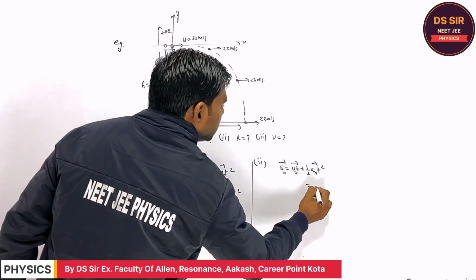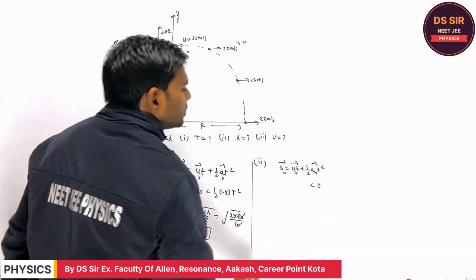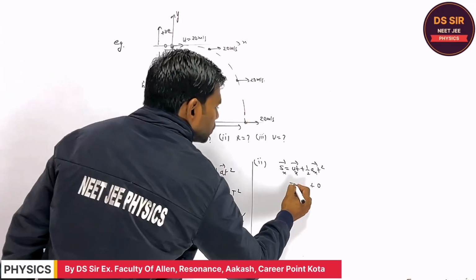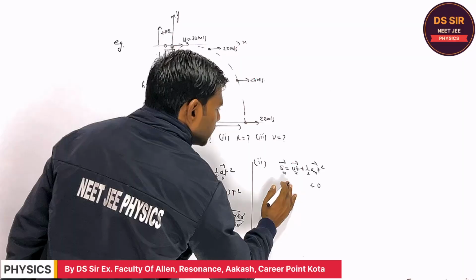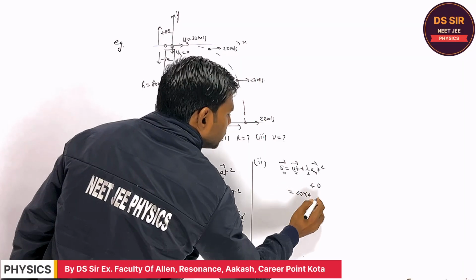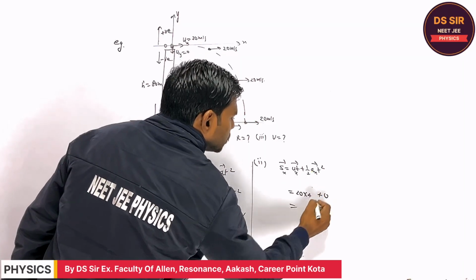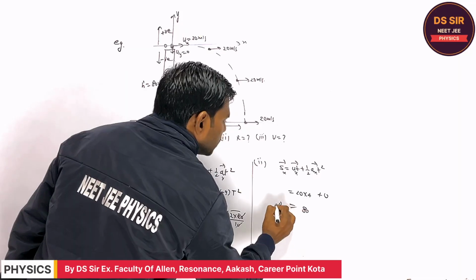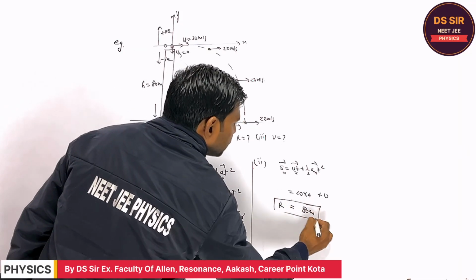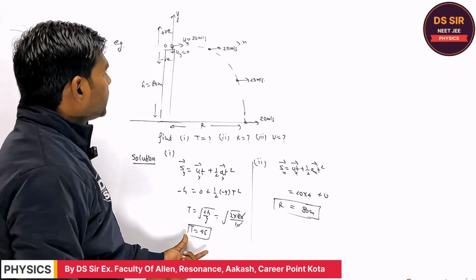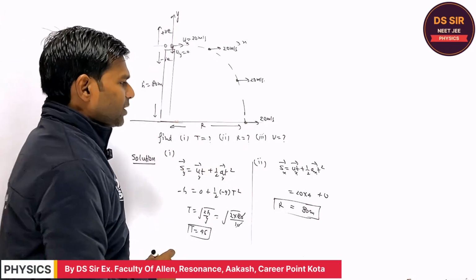In the x direction, the acceleration is 0. So ux is 20, and what is the time? Say 4. So this is 80 meters. The range is 80 meters. Is it clear or not? The range is 80 meters.